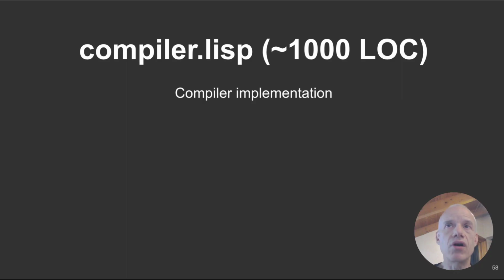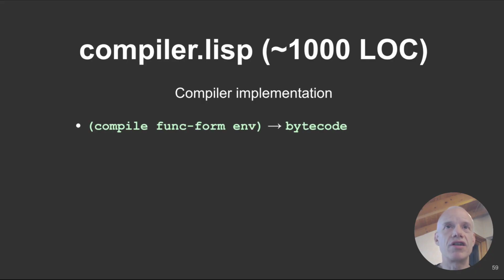And then we have the compiler, the real compiler, that is about 1,000 lines of code. And this is basically implemented using two functions. The first one is compile, that accepts a function form. So that's the minimum input, the source code of a function form, and the current compiling environment. That is normally null when you call it directly, but can be the compiling environment from the outer context when compiling a closure, and so it's recursive, and this M variable will be populated by compile itself.